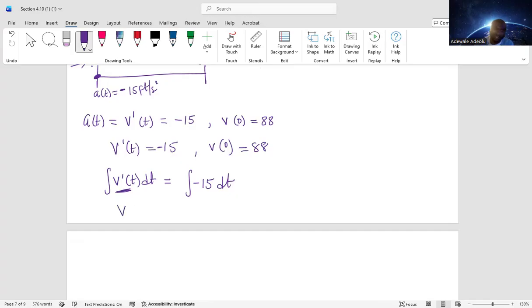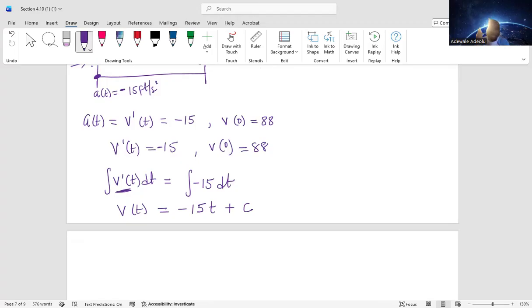That function is just v of t. So v of t equals, if I integrate negative 15, negative 15t. If you are still not sure, take the derivative of negative 15t, and what will you get? Negative 15. So try to move back and forth in that sense. But I must add c. So that is the general function for velocity.